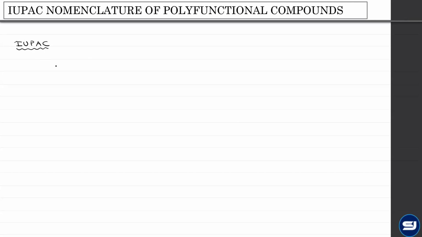What was the format? 2-degree prefix, 1-degree prefix, word root, 1-degree suffix, 2-degree suffix. Simple. Word root indicates the parent chain; before it we have prefixes, after it we have suffixes.